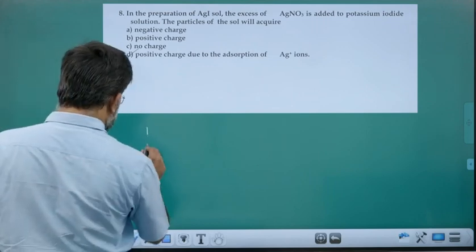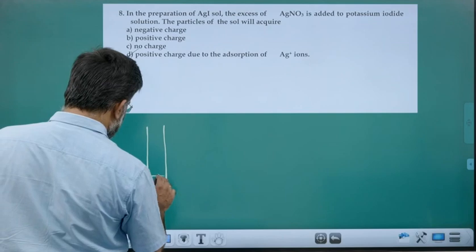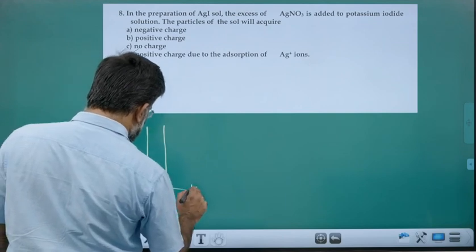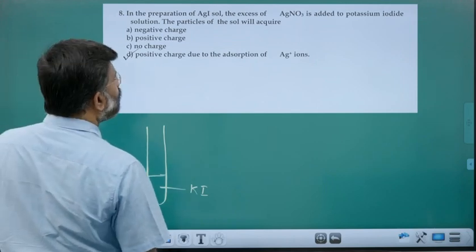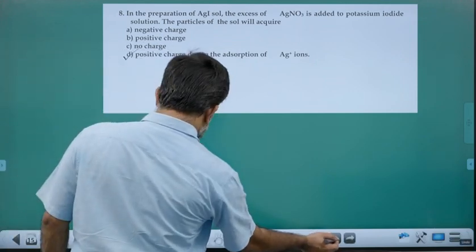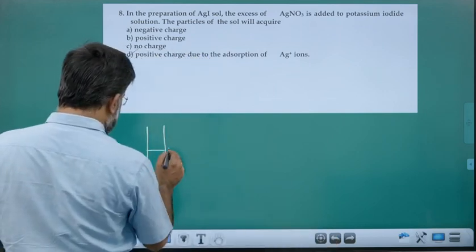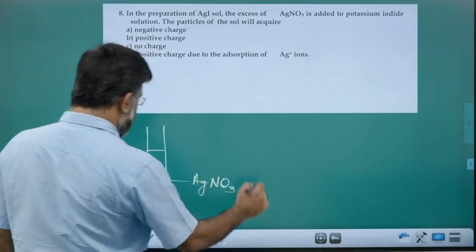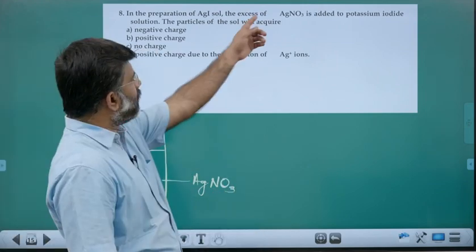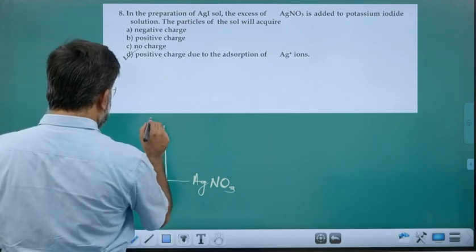Imagine we are taking excess of AgNO3. It is commented excess of AgNO3 and you are adding drops of KI.